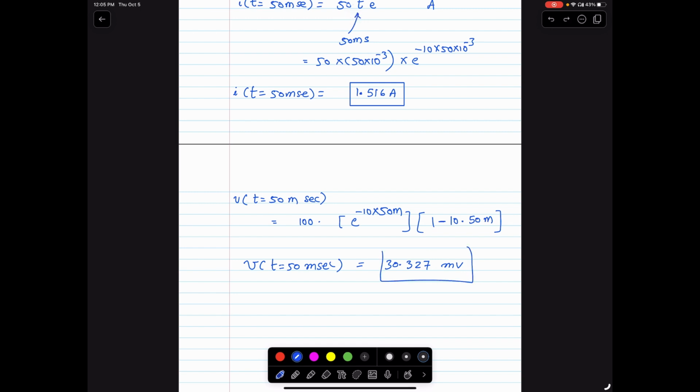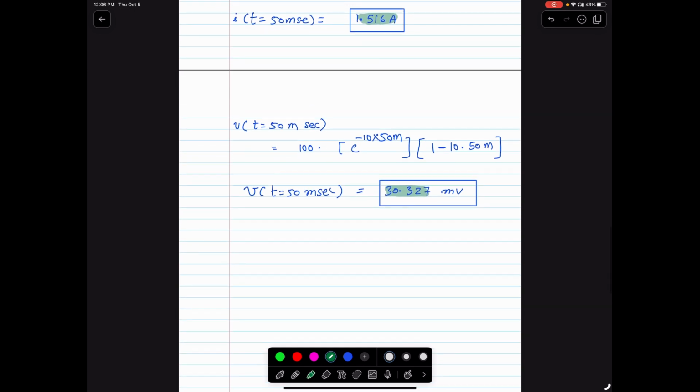Okay, why are we doing this? Why are we calculating the value of the voltage? That's because if I know the value of the voltage, which is this, and the current, I can multiply them both. The product of V at 50 milliseconds and current at 50 milliseconds gives me the instantaneous power at 50 milliseconds.